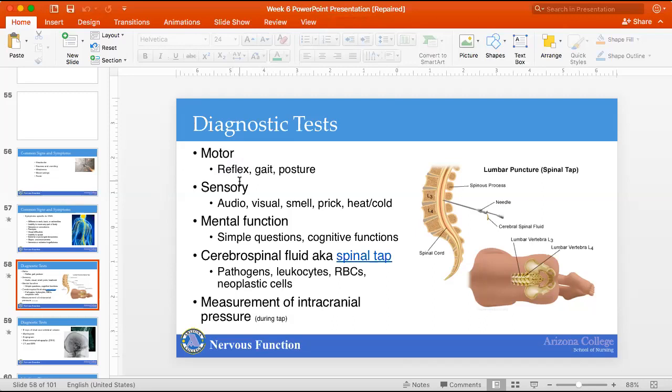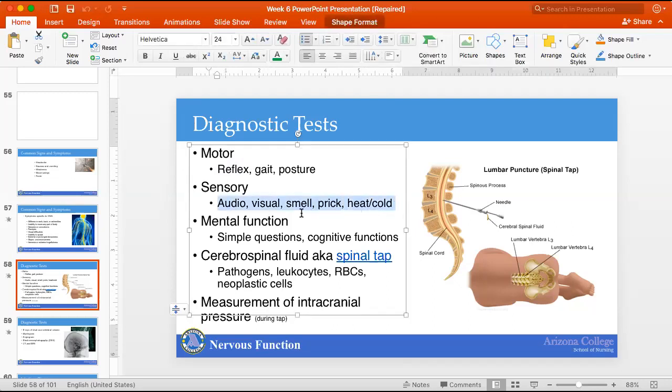You could look at sensory function: audio, visual, smell. You can do a pinprick, heat or cold sensation, what they can and can't feel. This is beyond this class, but all of these are actually picked up by different types of sensory nerves. The sensory nerves responsible for feeling a pinprick are different than the ones that detect heat and temperature changes.